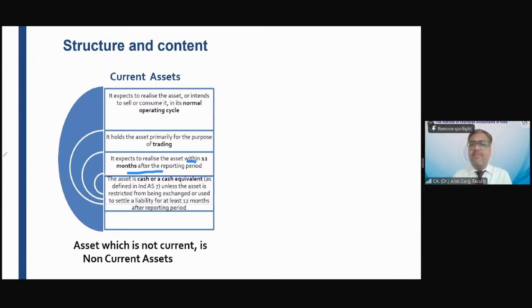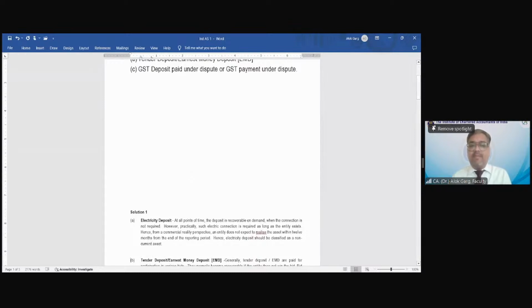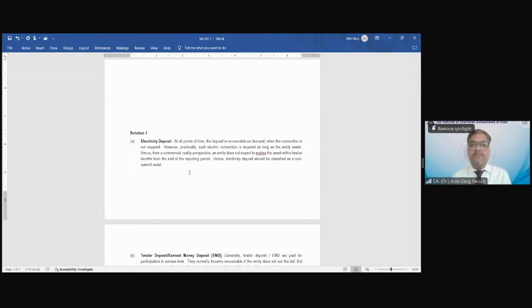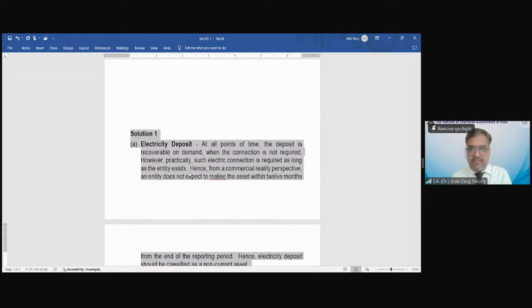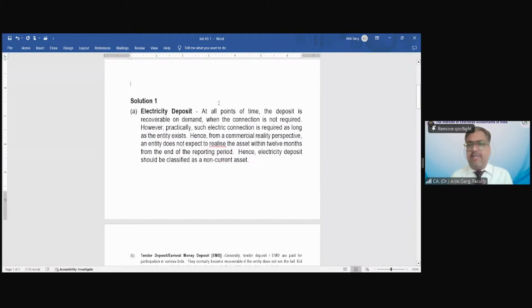Let's see what answer is written in the Board of Studies material. I hope this is visible. Electricity deposit: at all points of time, the deposit is recoverable on demand, as I explained, when the connection is not required.